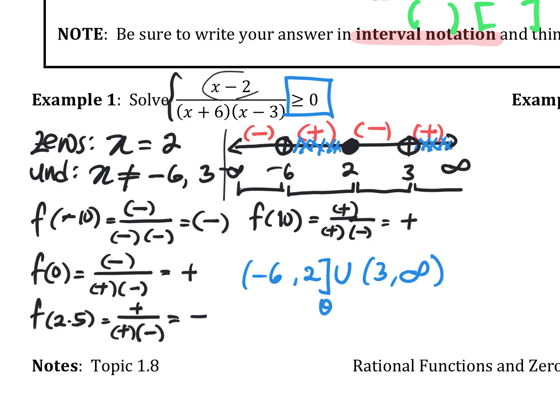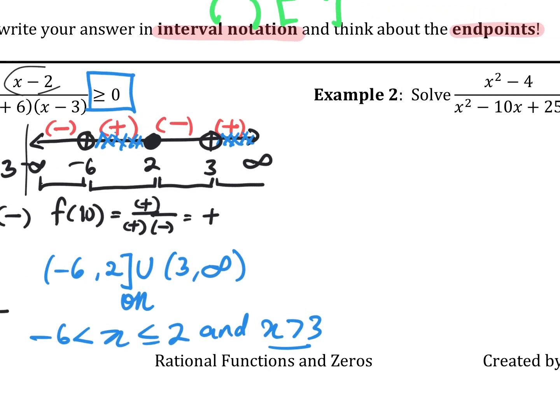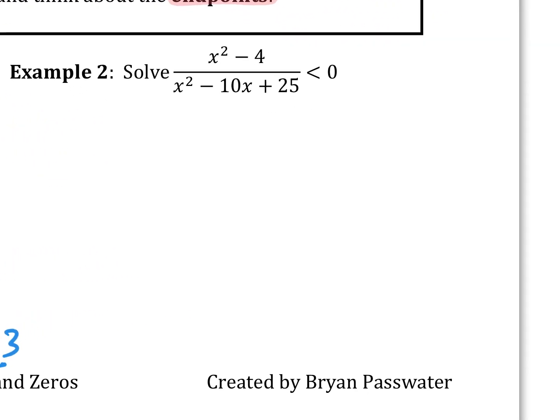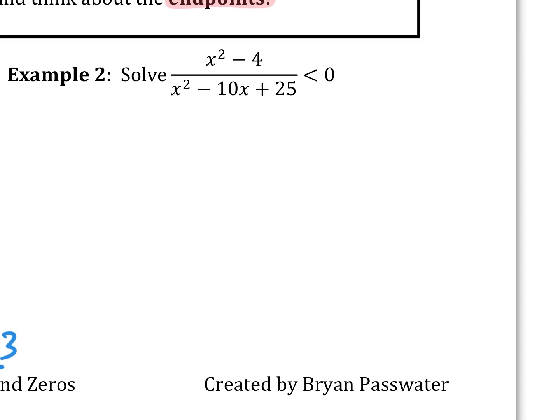Or we can also say, we can write it this way also. We put negative 6 is less than or equal to x, which is less than or equal to 2, and x is greater than 3. Okay, so let's look at example number 2 in here. So this is very nice because the first thing I notice in here is that I have to factor the numerator and the denominator.